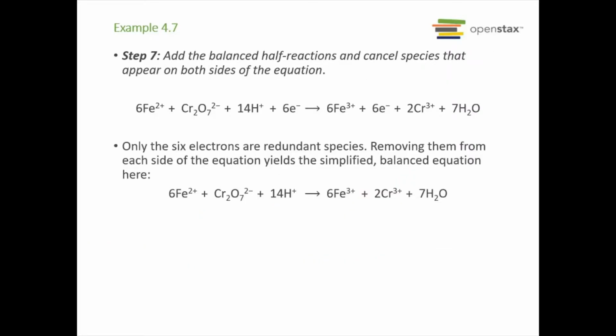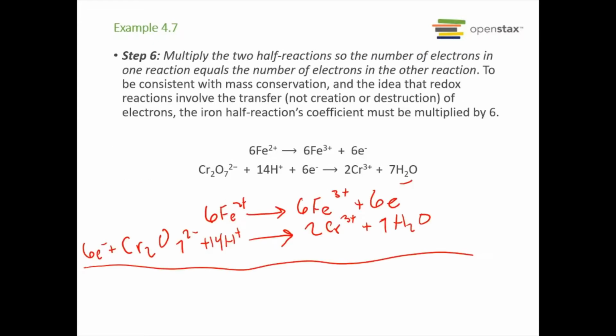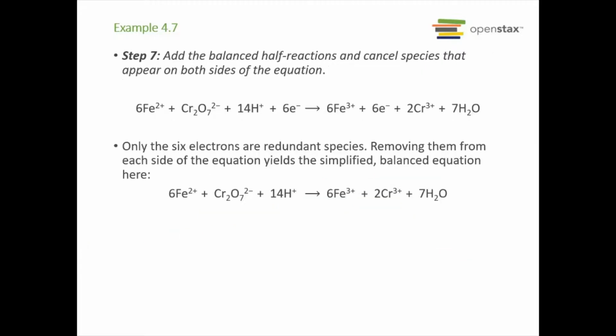So step 7 is to add your half reactions. I'm going to go back to the way I wrote it. They like to just put everything in one line. I do it this way and go, okay, this is the same on both sides. You can always just do like they do it. They write everything and then go through and cancel. They go, there's 6 electrons, there's 6 electrons. There you go. If you have any other redundant species, cancel them out.